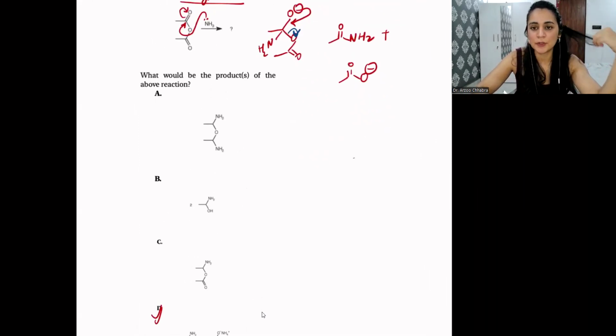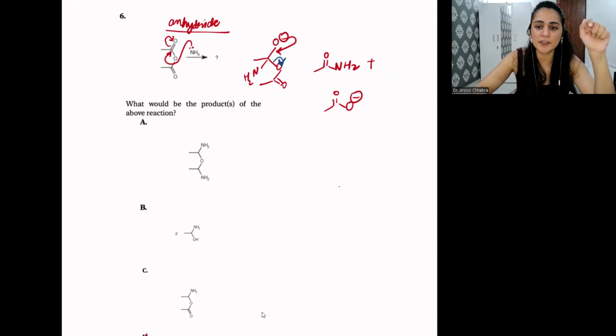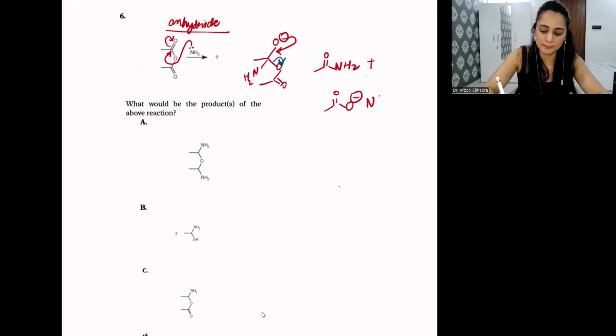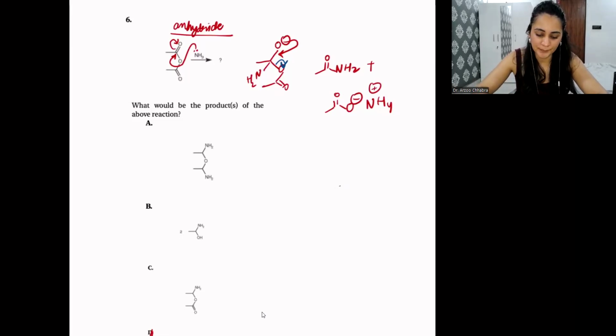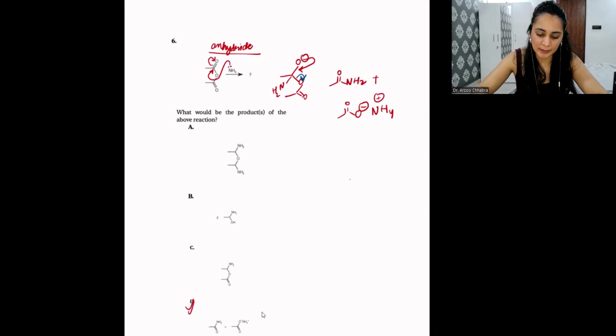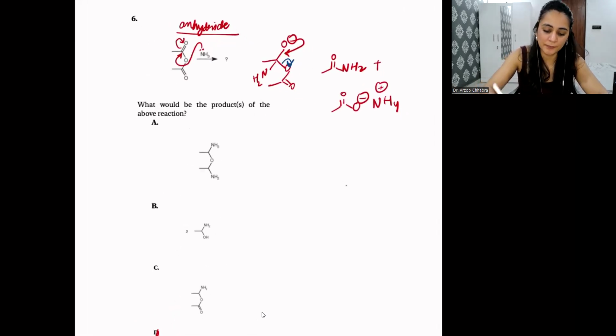And then to neutralize it, because it's a negative charge, it would be neutralized with an ammonium cation, right? First off, we would have NH3 here with a positive charge, and then NH3 ammonia will come in as a Bronsted base.